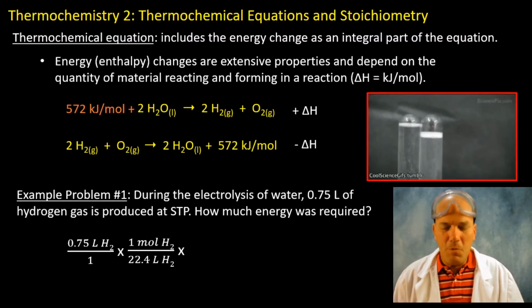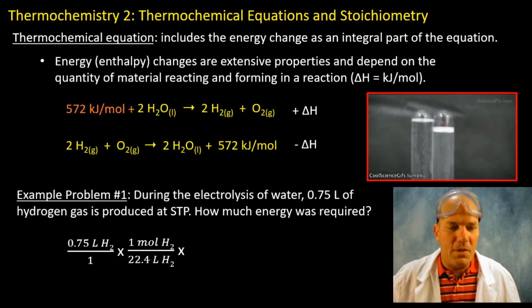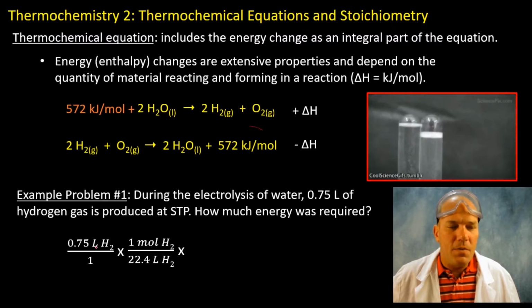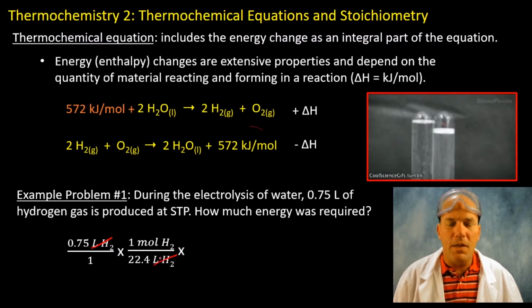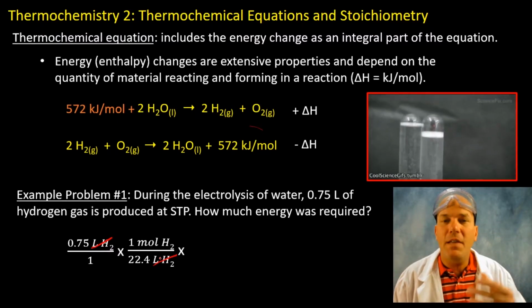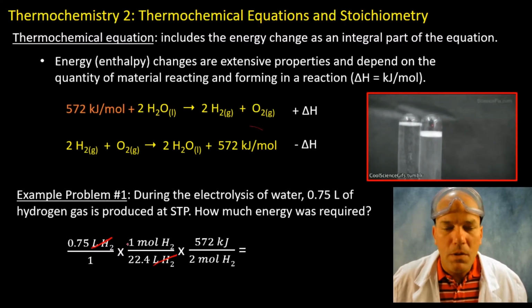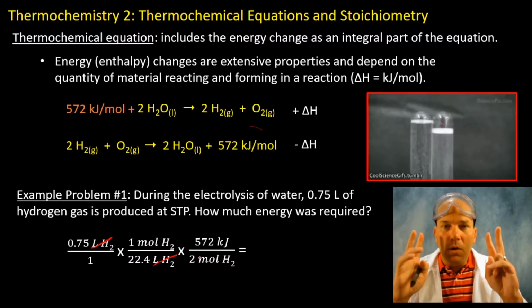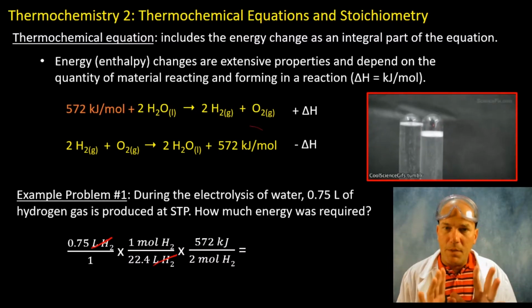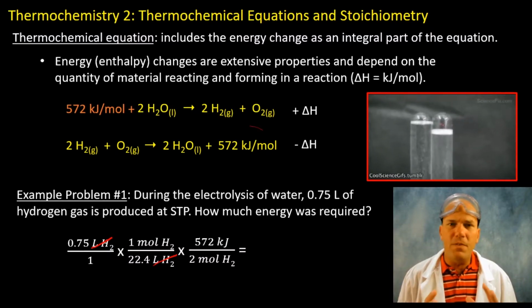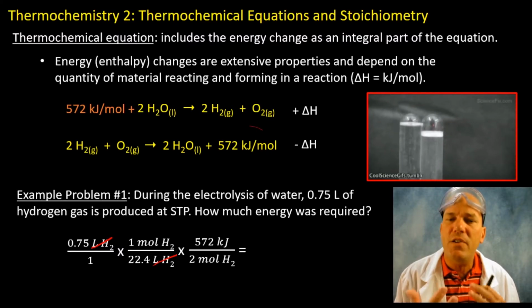So we're able to use dimensional analysis here to factor out the volume of the gas. And now we go into our mole ratio, except this is different than what you've done before because now we're using energy.